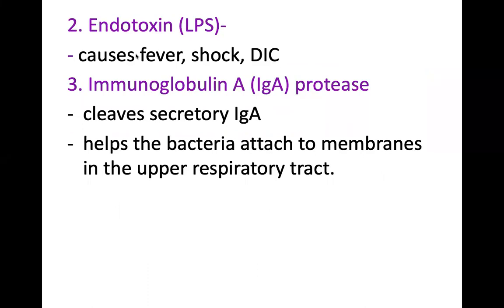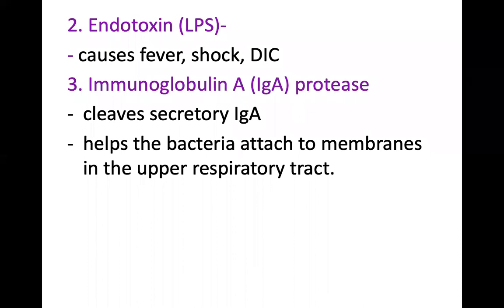Other virulence factors include the endotoxin, which is responsible for these clinical symptoms that you see, fever, shock, disseminated intravascular coagulation, etc. We also have immunoglobulin A, IgA protease, which is an enzyme that cleaves secretory IgA.